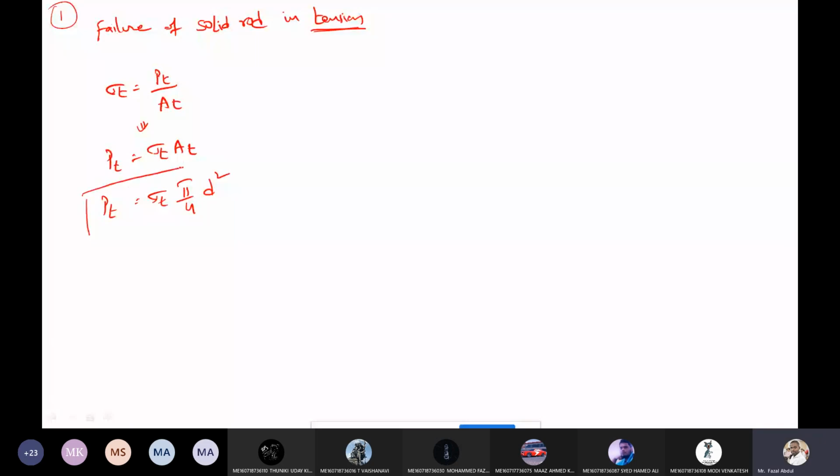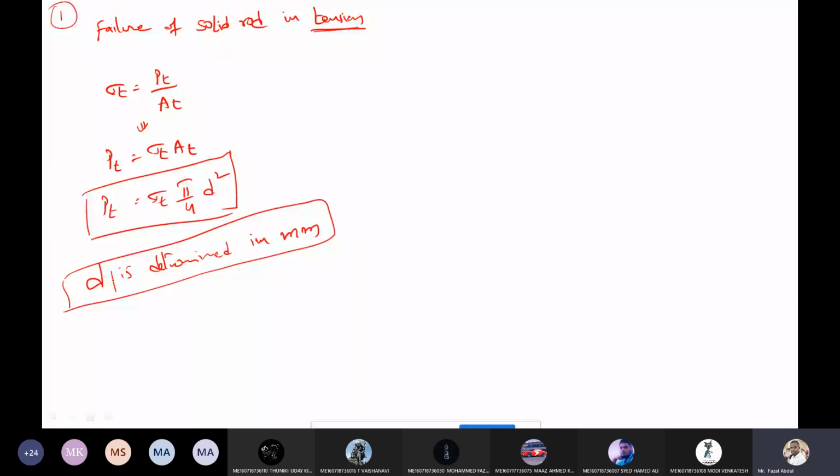With this equation, d is determined in mm. If it is a numerical, here you have to write the d value. Now this is the first failure.